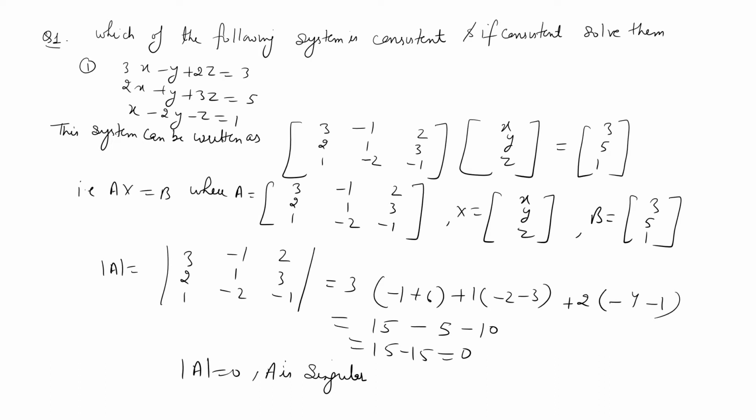So I have to compute adjoint A into B. So let us frame the adjoint matrix. Now my given matrix A here is 3 -1 2, 2 1 3, 1 -2 -1. So frame the adjoint: C11, C12, C13. Let us carry out the negative sign here. It is minus 1 plus 6, that is 5.